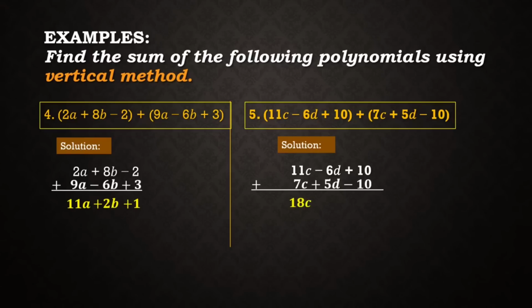Negative 6d plus 5d is equal to negative 1d, or simply negative d. And positive 11 plus negative 10 is equal to 1. And that is our final answer for example number 5.